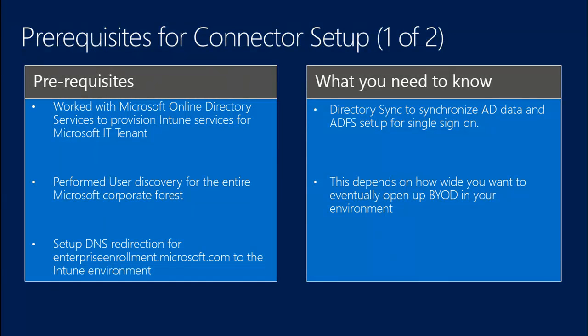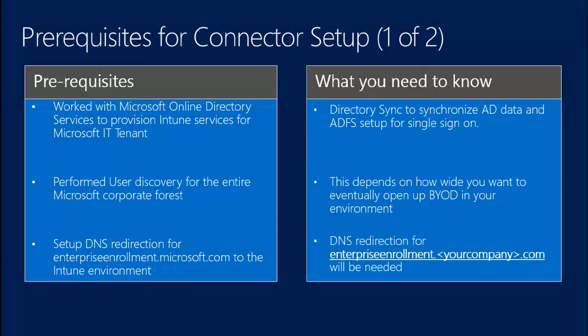Now, this is an interesting step where you need to set up a DNS redirect. We set up a DNS redirection for enterpriseenrollment.microsoft.com to be redirected to the Intune environment. So that would be the Intune URL, which is manage.microsoft.com. In your case, you would have to set it up for enterpriseenrollment.yourpublicdomain.com.